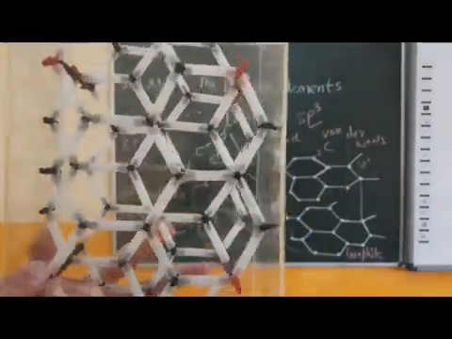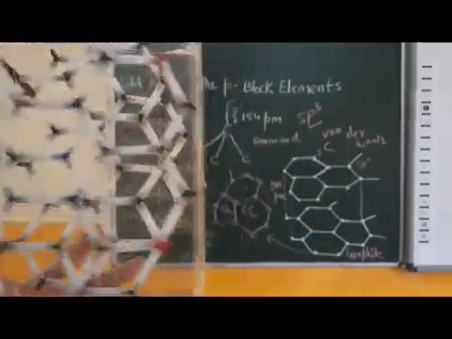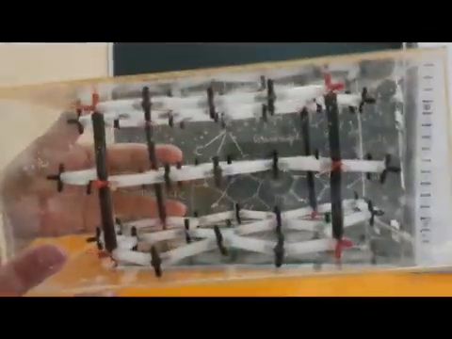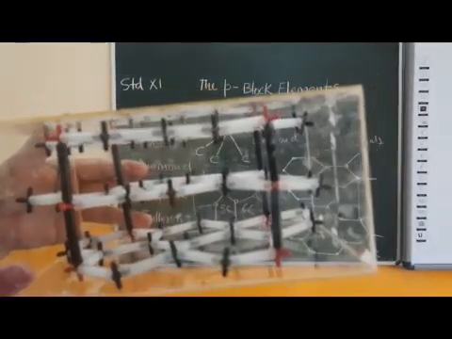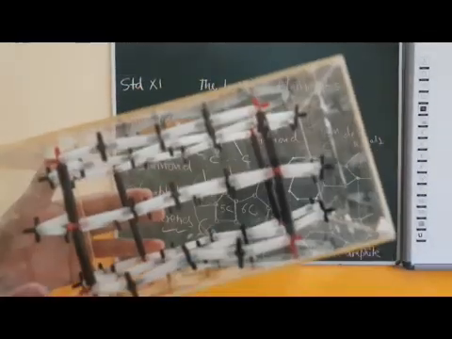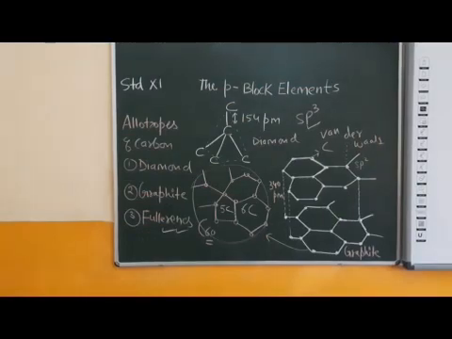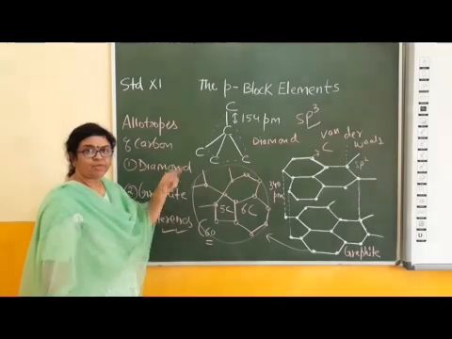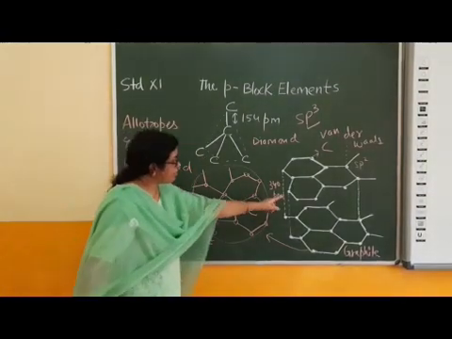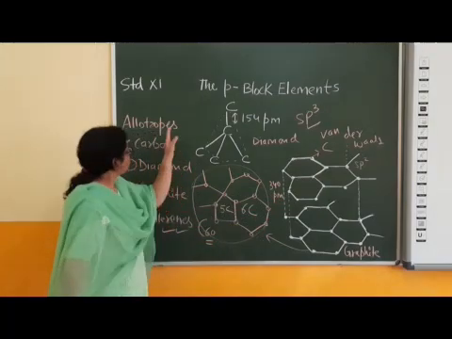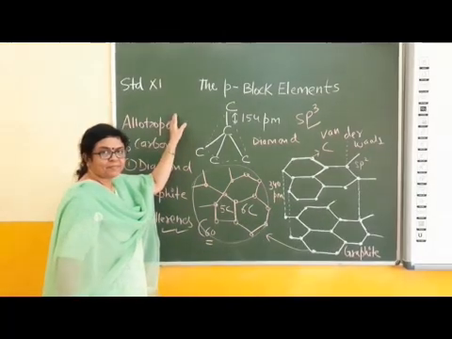This is an allotropic form of carbon. The structural arrangement is different, hexagonal arrangement. This type of nature of any element is called allotropy. The phenomenon is allotropy, and each structure is called an allotrope.